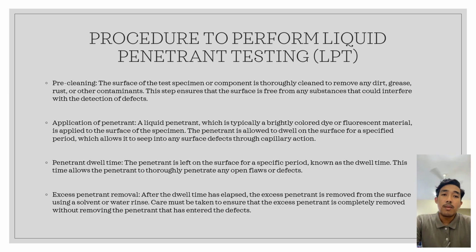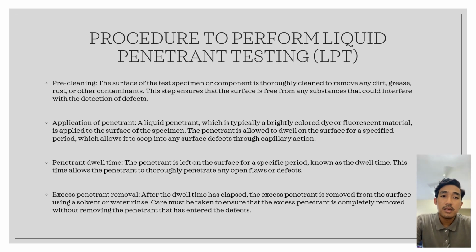And then application of penetrant. A liquid penetrant, which is typically a bright color dye or fluorescent material, is applied to the surface of the specimen. The penetrant is allowed to dwell on the surface for a specified period, which allows it to seep into surface defects through capillary action.